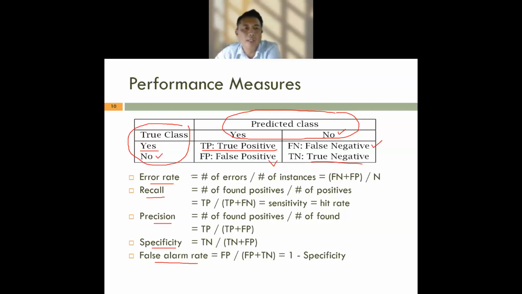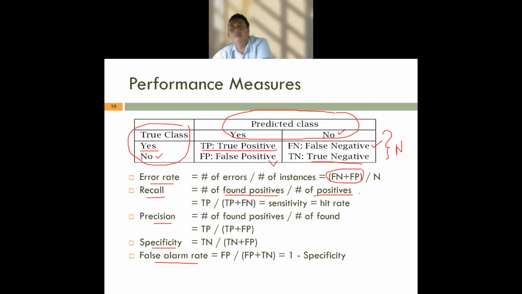Okay, so the error rate will be the number of errors. The number of errors is false negative plus false positive, divided by the total number of data you have here. This is n. So this is the error rate. And then the recall is the number of found positives over the number of positives.